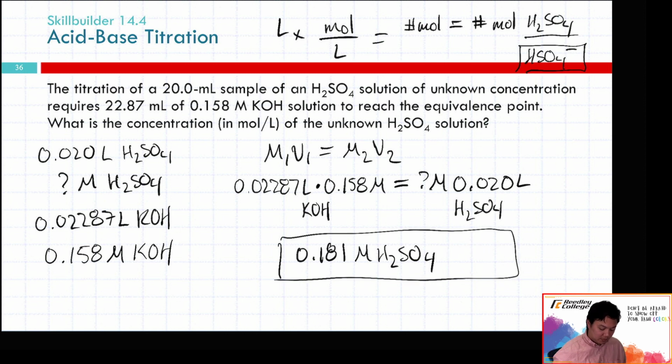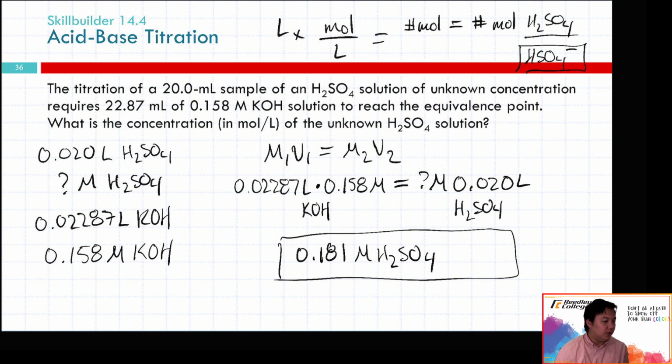I guess I don't really need this, right? So that's our molarity of our unknown solution. Any questions on that one? These can be a little bit confusing. Not so bad once you figured it out.